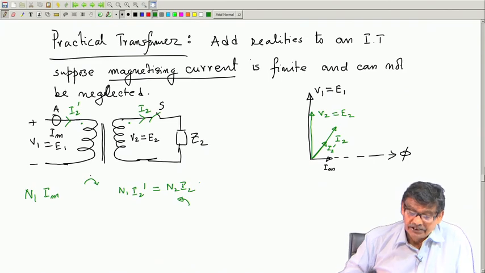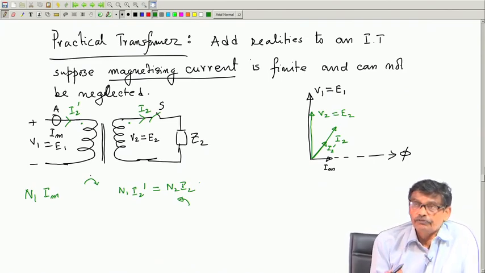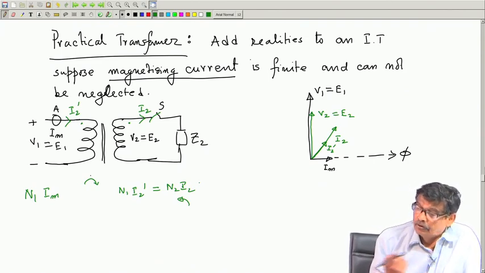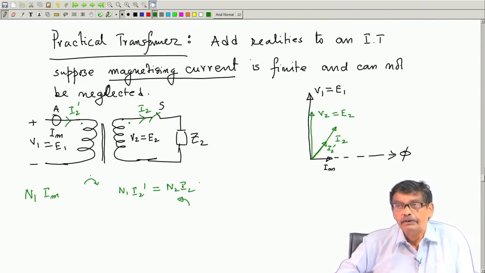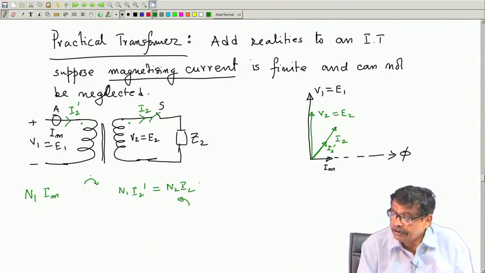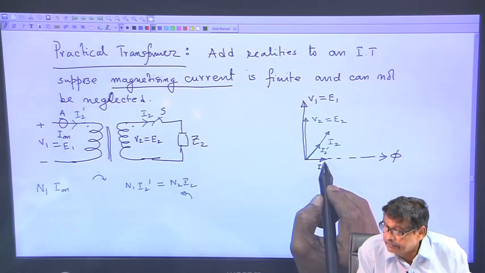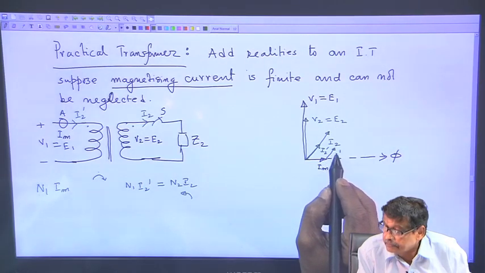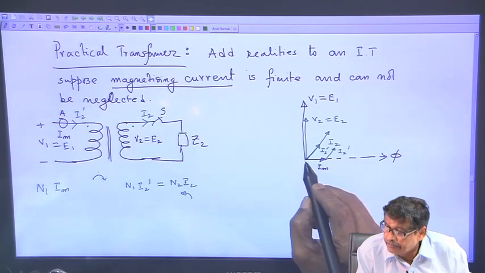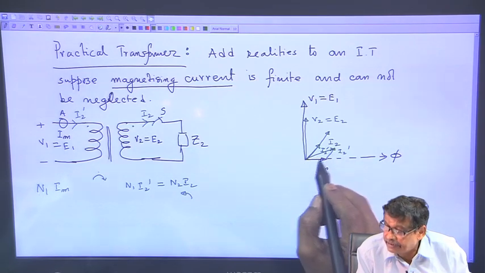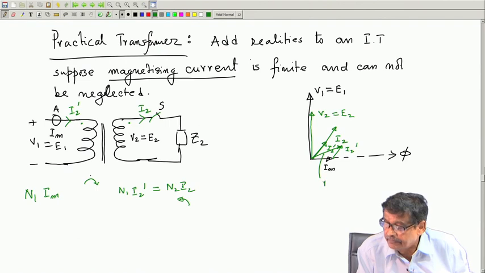Okay. But the question is, what will be the current drawn from the supply? So, the current drawn from the supply will now have two components. One is the magnetizing component I m plus this I 2 dashed, and this will decide I 1. Are you getting?